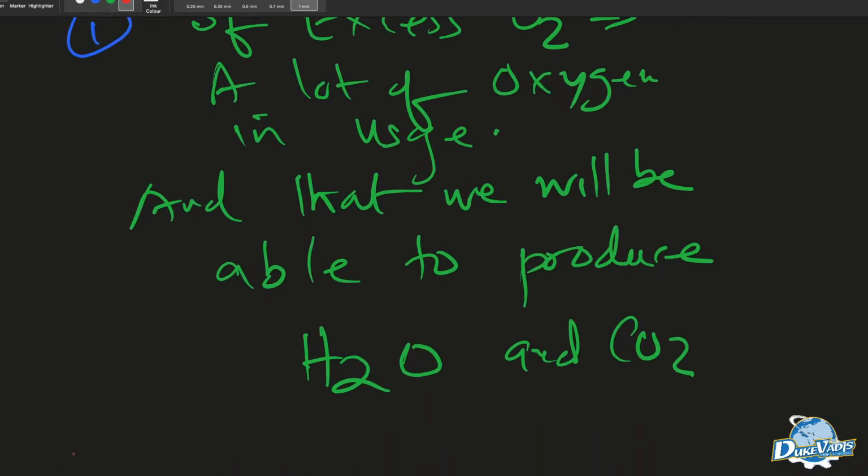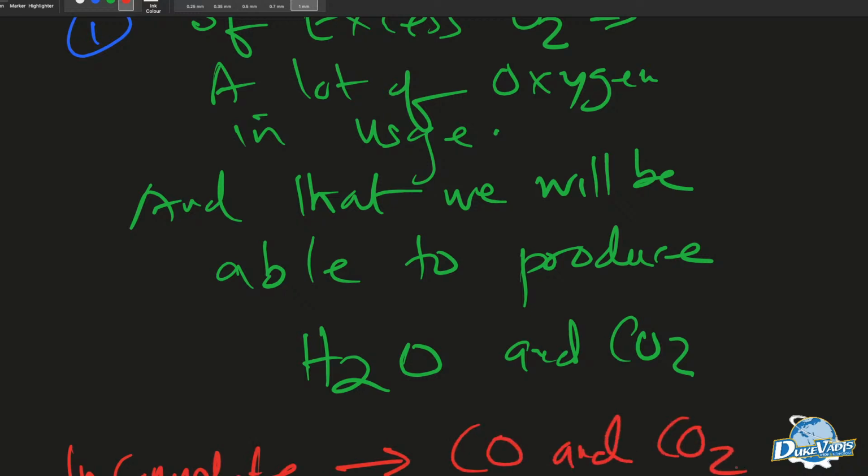So incomplete combustion reaction will produce carbon monoxide and carbon dioxide, and such a yield is called incomplete combustion reaction. Now let's see how we can balance equations which are complete combustion reactions. Let's look at this.